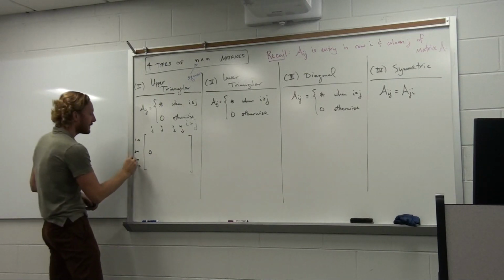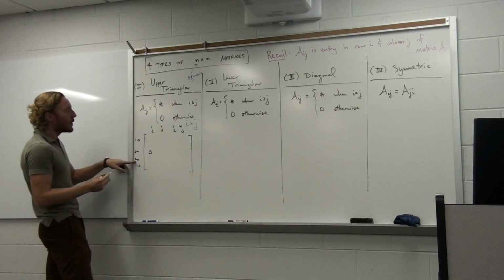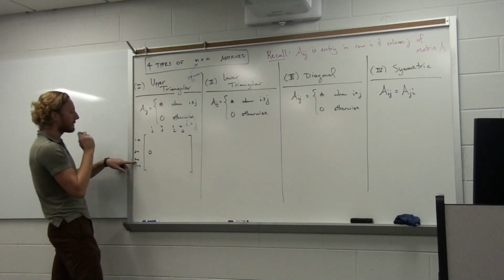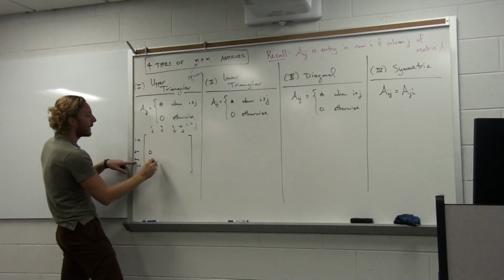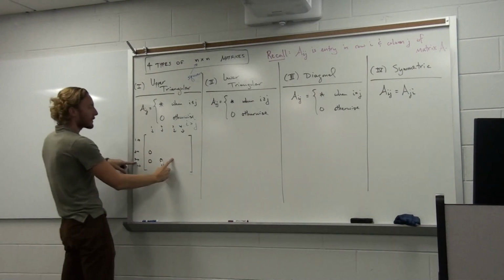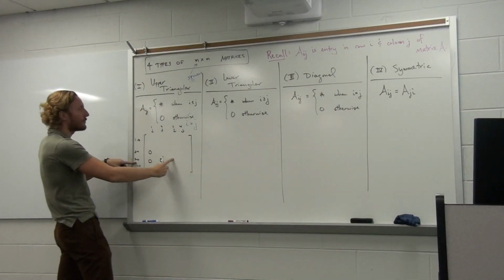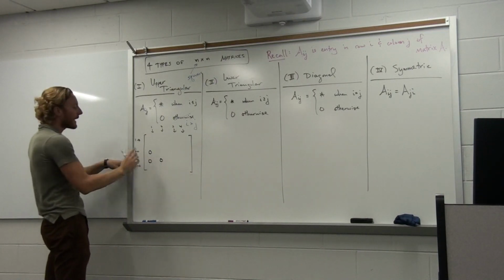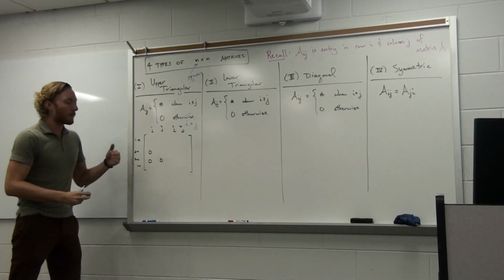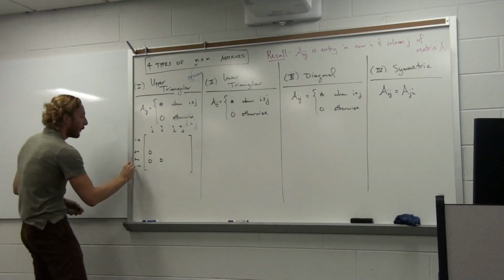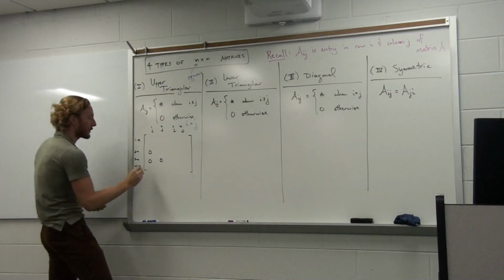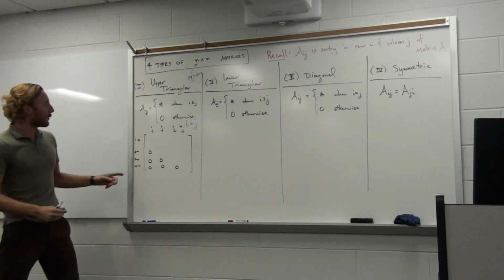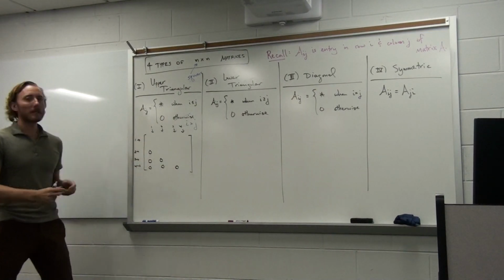What about row 3? In row 3, you have a couple of positions where the row number is bigger than the column number, and that would be row 3, column 1, and row 3, column 2. Once you get out to row 3, column 3, you no longer have the row number bigger. What about row 4? Well, the first 3 entries of row 4 would have the row number being bigger, and that would force those entries to be 0.